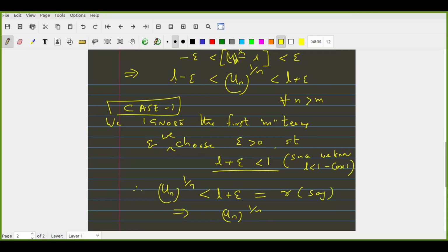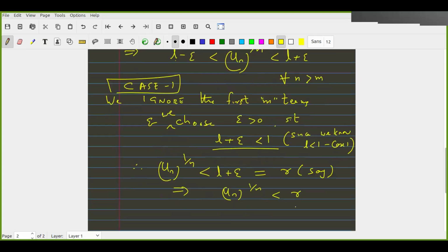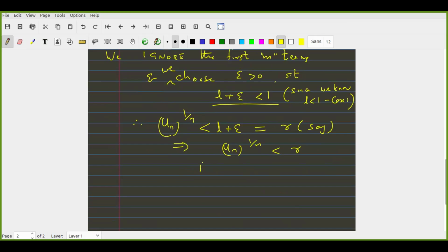So un power 1 by n is less than r. So raising both sides to the power n, by the way, r is a positive number, so it doesn't affect the inequality.